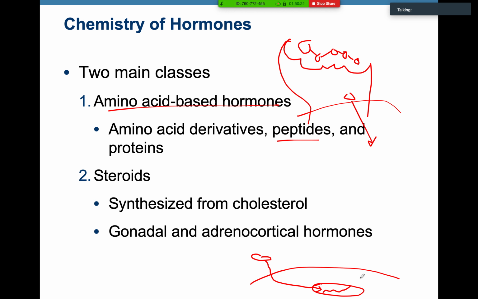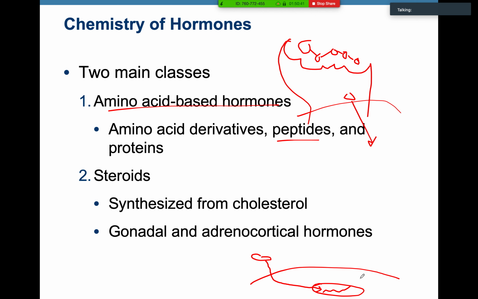That's pretty cool. They don't need any cascade. They don't need any G protein coupled receptor. They don't need any of that. They just go into our cells, go into the nucleus, and say, hey, make this change right now. I'm going to help you do it. And so that's the way that steroid hormones work.